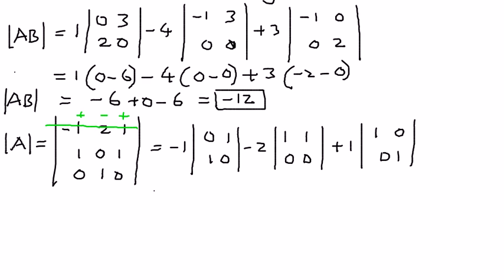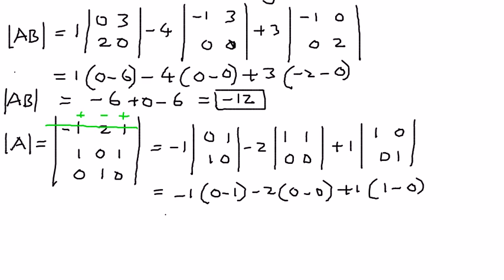And therefore, when we expand this, this is going to be negative 1 times 0 minus 1, minus 2 times 1 times 0 is 0, 0 times 1 is 0, and then plus 1 times 1 is 1, 0 times 0 is 0. So when we simplify this, we're going to get negative 1 times negative 1 is positive 1, 2 times 0 is 0, and then 1 times 1 is a 1. Therefore, the determinant of matrix A is equal to 1 plus 1 is 2.